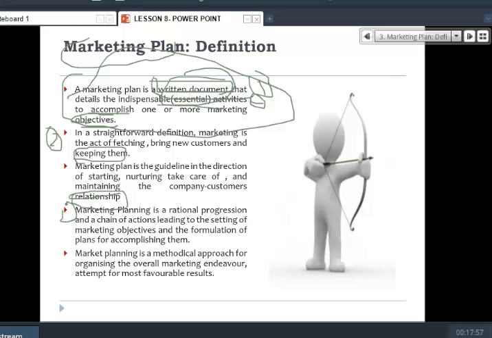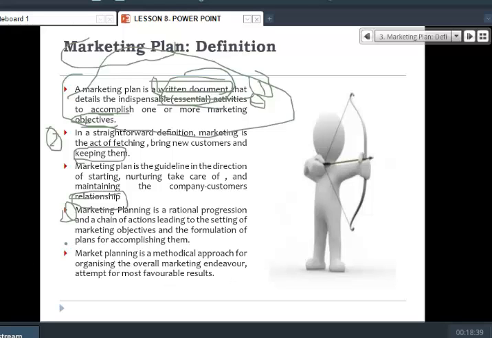The marketing plan is a rational progression and a chain of actions leading to the setting of marketing objectives and the formulation of plans for accomplishing them. Marketing planning is a methodological approach for organizing the overall marketing endeavor to attempt the most favorable results.